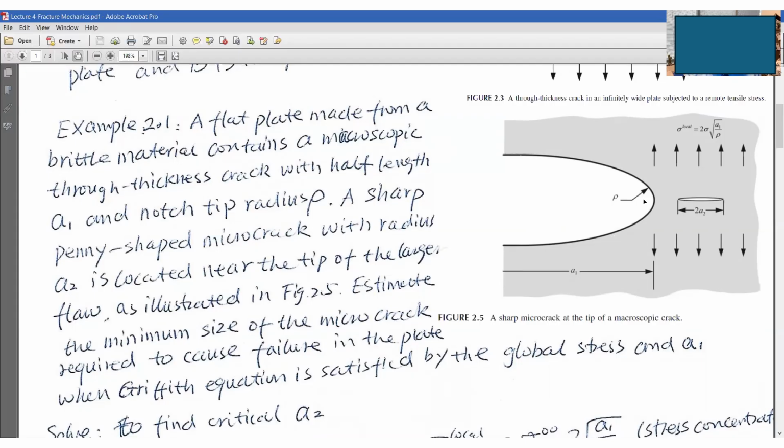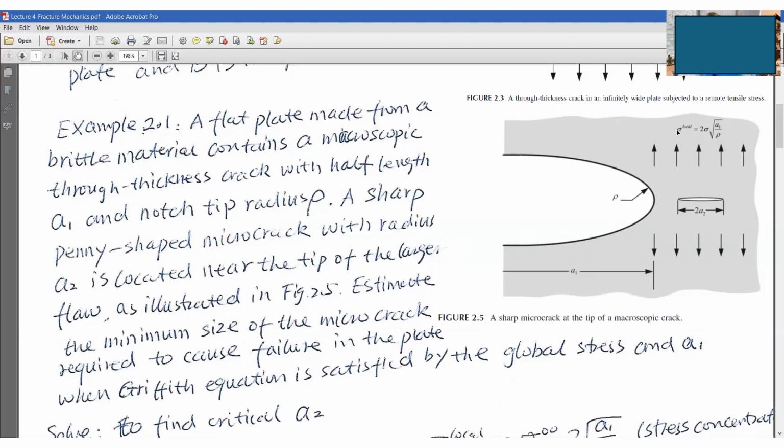This is the microscopic crack, and this is A1, so this is 2A1. This is the remotely applied load, and this is the locally applied load because of the remotely applied load. This is the radius of curvature, here is rho, and we can see this is because of the stress concentration.